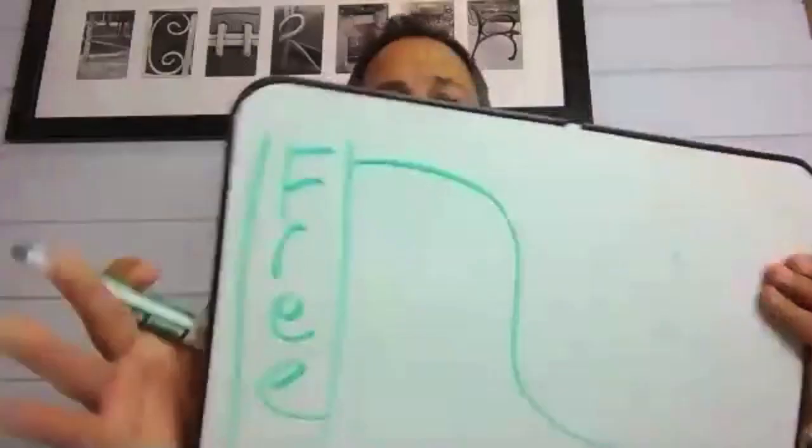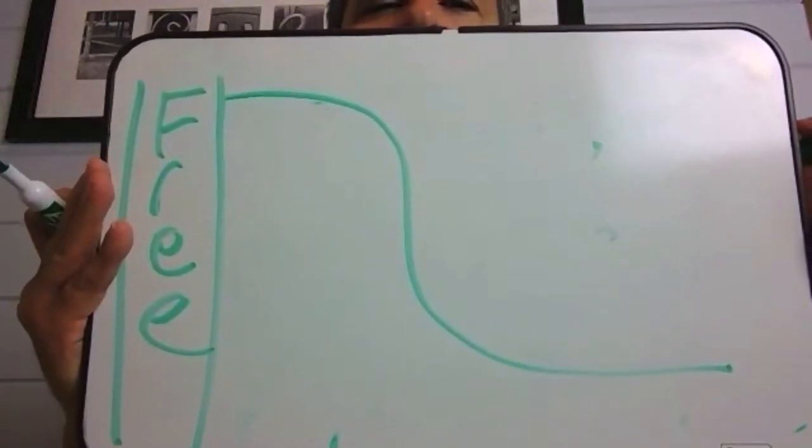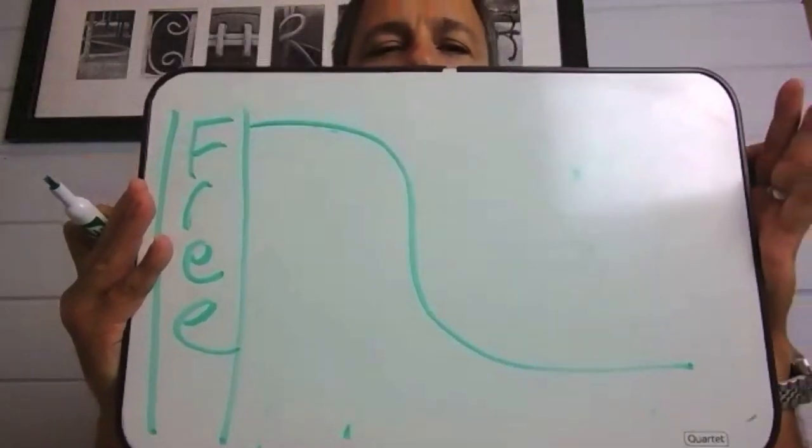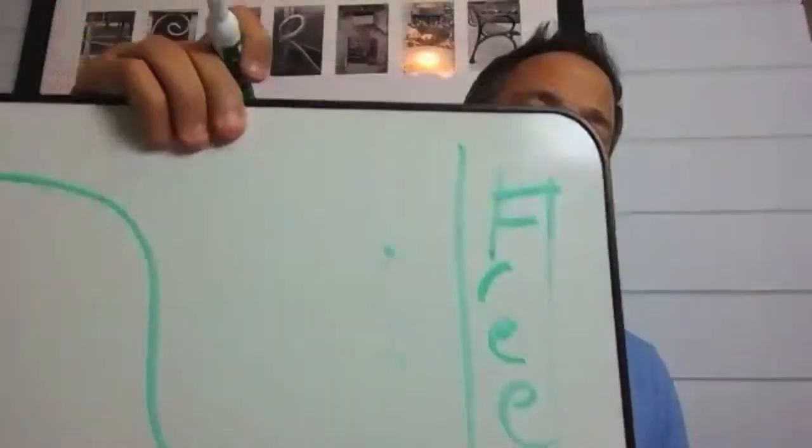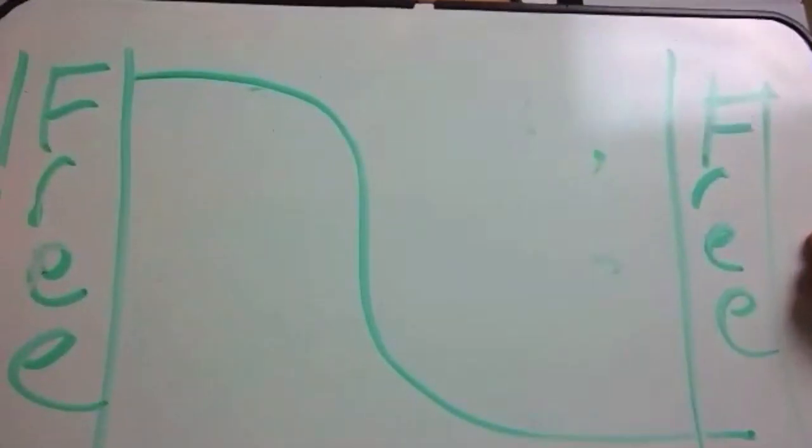In other words, if we talk about that same curve again, doesn't it make sense to have the free time on the front end versus the free time on the back end?